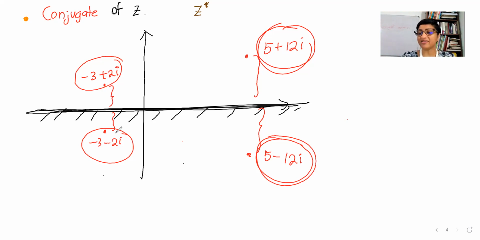Now why have we given this a special name, conjugate? Because there is something nice happening. We still didn't talk about how to do operations with complex numbers: how to add, subtract, multiply, divide.